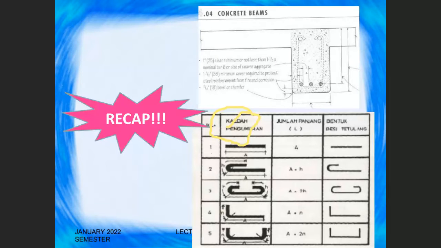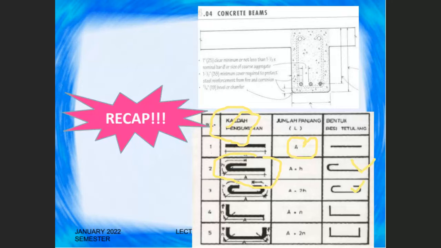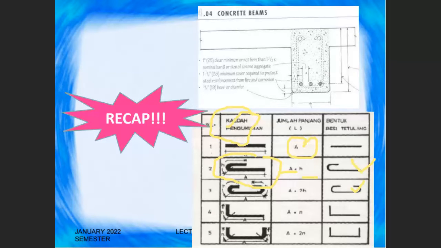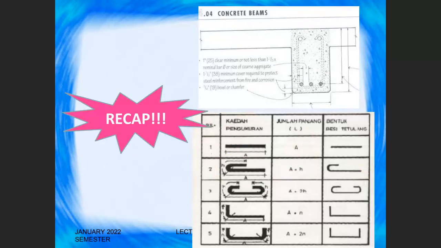The length is in meters, meaning you only have to measure A. But if you see this design, this is the bend. Okay, this is the standard length, but H is your bend.